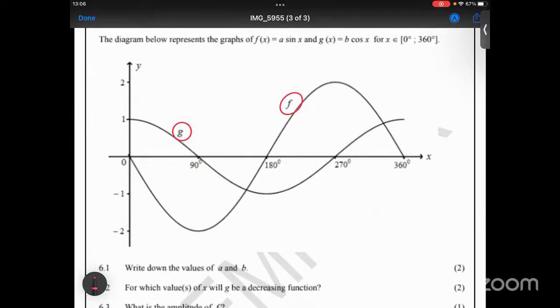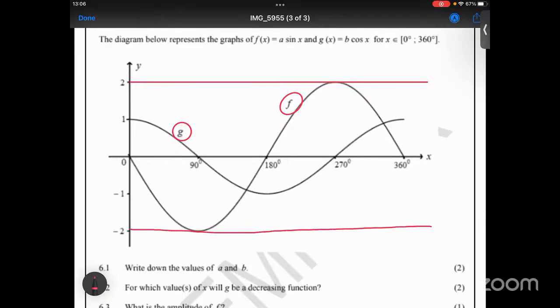So we can already see that for this one of F, the amplitude goes up to 2, it ranges within 2 and -2, something like that. So that line should actually be passing there.